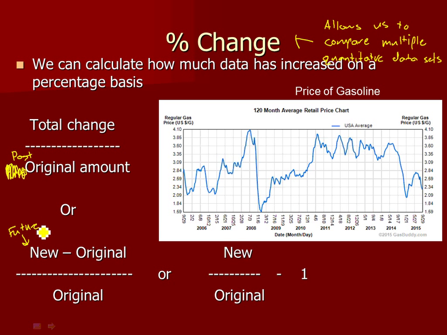You can take your future amount and subtract your past amount and divide that by your past amount. Or if you do a little bit of algebraic manipulation, you can take your new value, divide it by your original value, and subtract 1. And this is how you find percentage change. This is what I use whenever I'm doing my calculations: new divided by original minus 1. And it's the same as this: new minus original, divided by original.